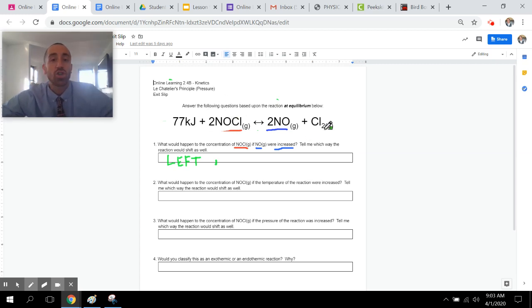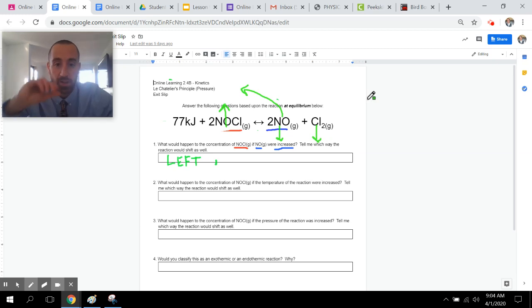Well, if we're shifting to the left, that means this reaction is shifting this way. That means the amount of NOCl is going to be increasing. It's going to be producing NOCl. In order to make more NOCl, we are going to be using up the added NO and the Cl2.